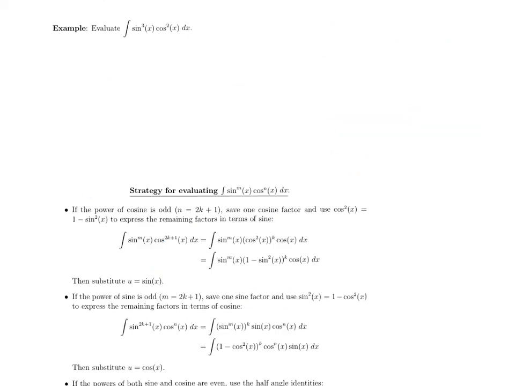So for our next example involving sines and cosines, let's investigate sine cubed times cosine squared. And I'm going to try to just follow the template we have in the previous example. An odd power of sine, let's see if we can pull off one of those powers and save it for a du and rewrite the remaining powers of sine in terms of cosine.